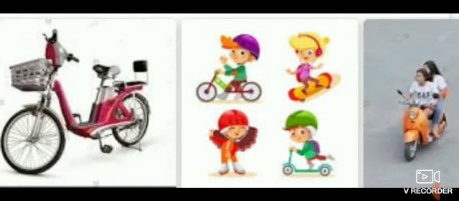Next, we compare a bus and an auto. The auto is slow whereas the bus moves fast. When you compare a cycle and a scooter, the bicycle is slow and the scooter is fast.